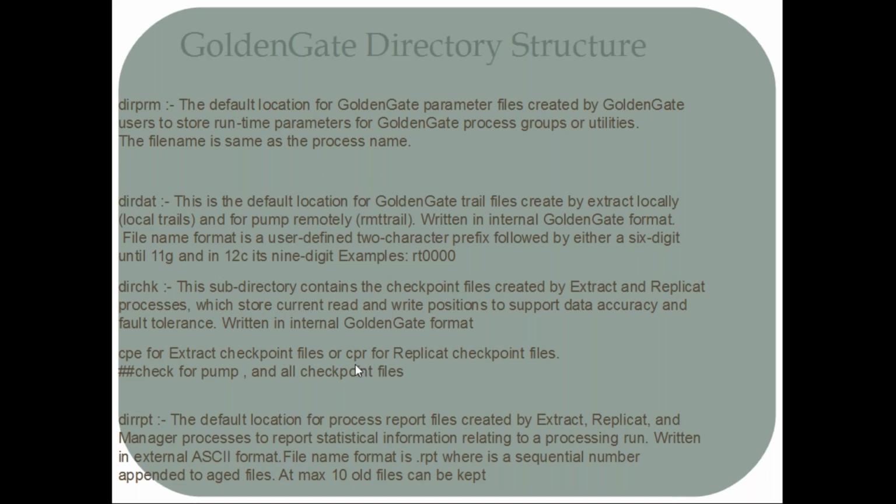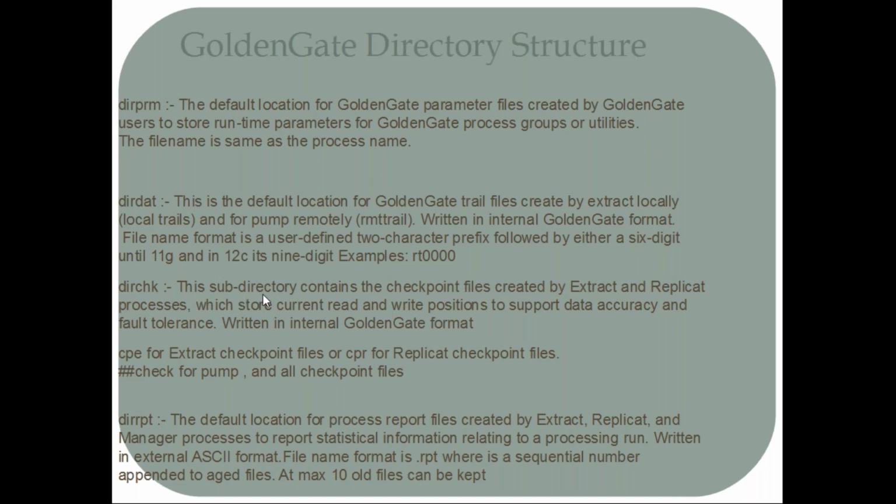Now, what is DIRCHK? DIRCHK will store the checkpoint info. Whatever we did in the checkpoint class, for the extract, the read checkpoints, the write checkpoints, all these things are stored in an OS file, that is in dirchk.